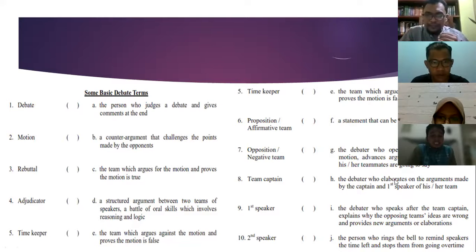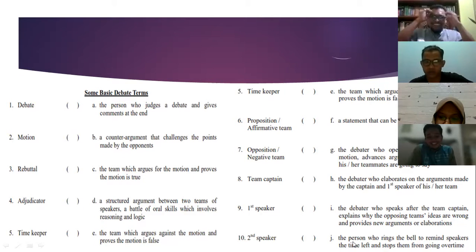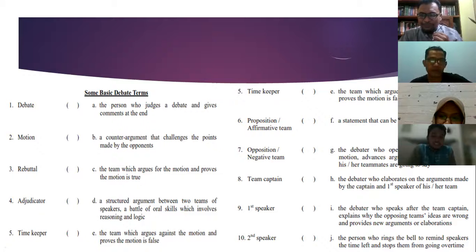J: the person who rings the bell to remind speakers the time left and stops them from going over time. Yes, that's correct.